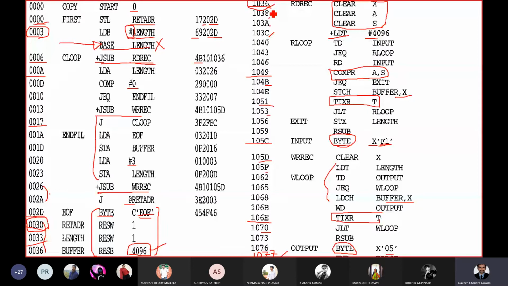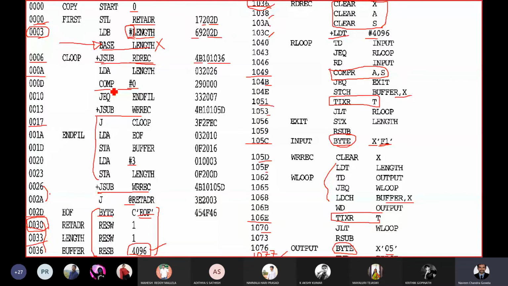You can keep following. So if I take it to the compare hash 0, again it is format 3 and immediate. So you need to find out the opcode of compare and followed by, as it is a hash, it is an immediate addressing mode. And for the immediate addressing mode, definitely you'll be setting N as 0 and I equal to 1, and that is for the displacement. What is displacement? Operand address minus PC value.